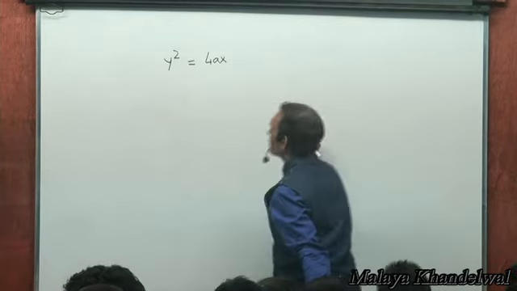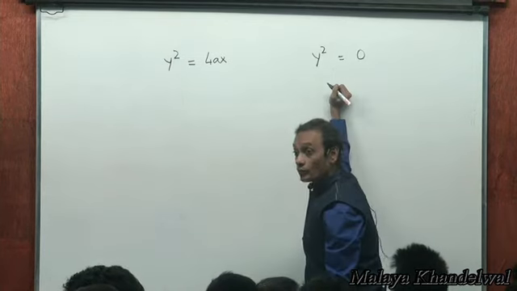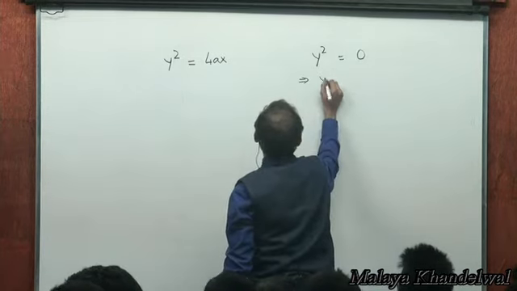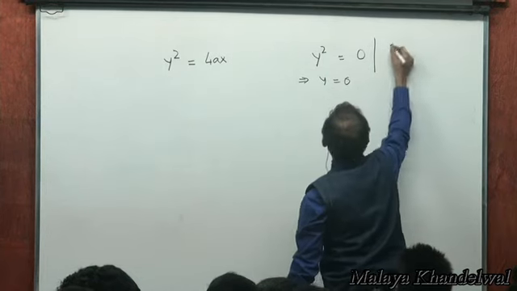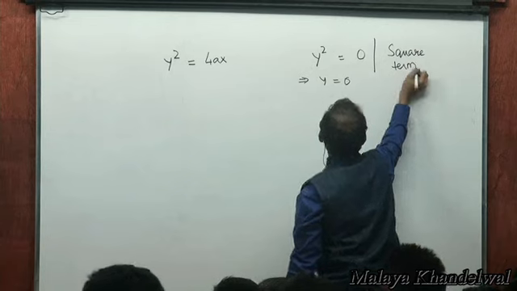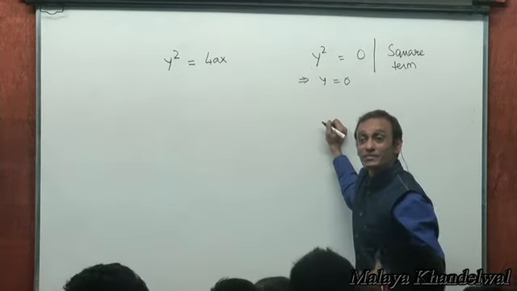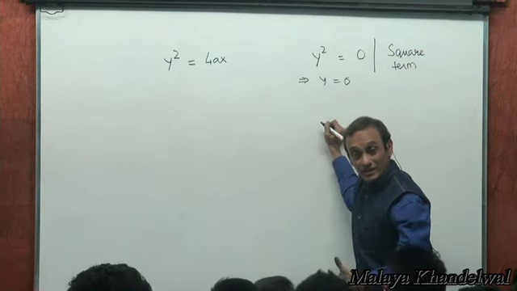And when I equated the square term to 0, y squared equal to 0, I got y equal to 0, which was the axis of symmetry. Yes or no?